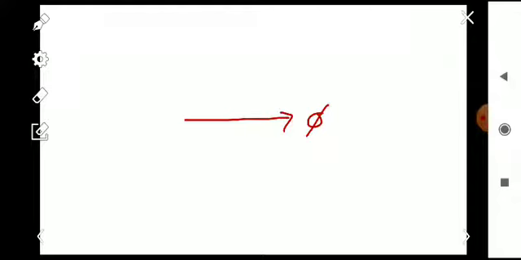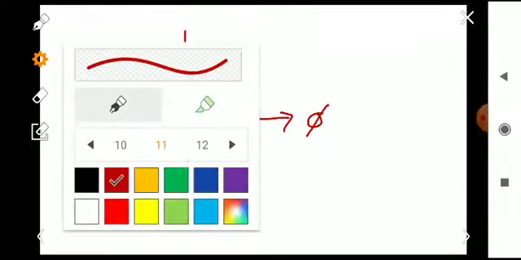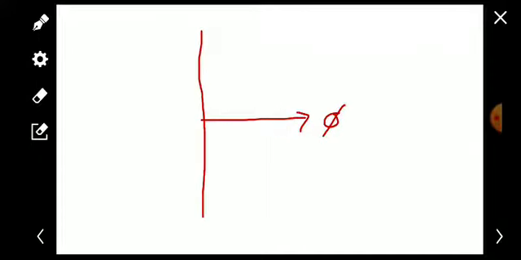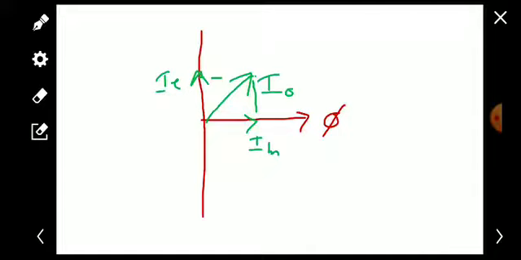So we can draw this Im here and IE here, and the resultant I0.